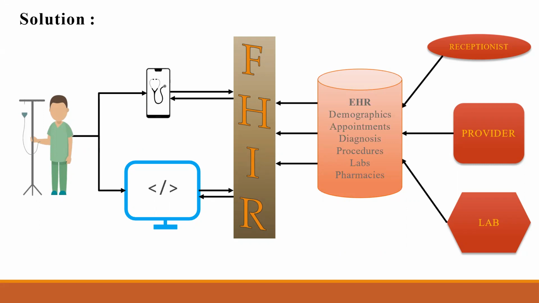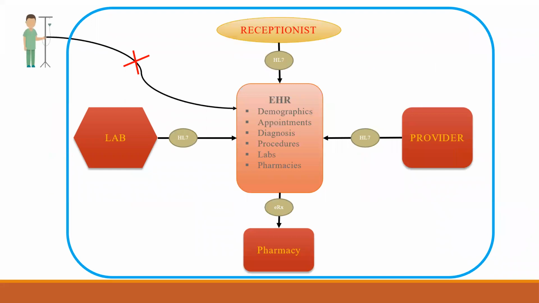Whenever the data is saved in the EHR database, it is not accessible by the patient, as I said, because the hospital is restricting the data within the hospital, and they don't give access to their own database to the outside world.